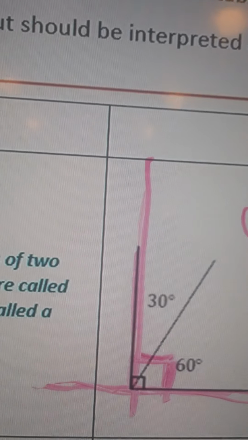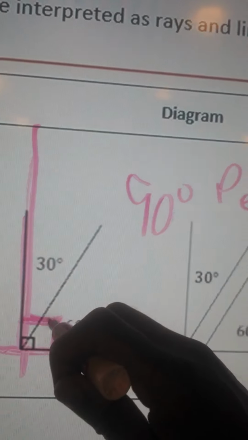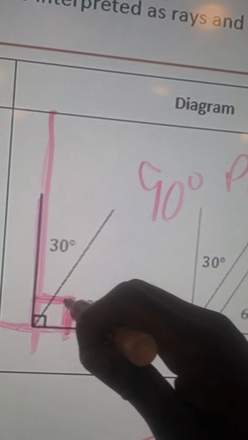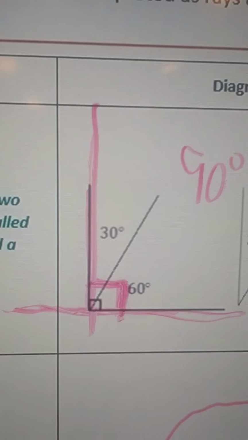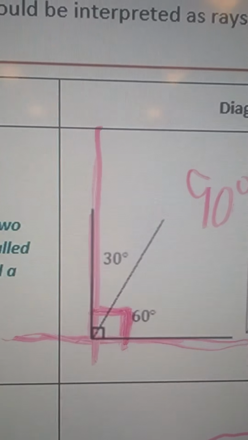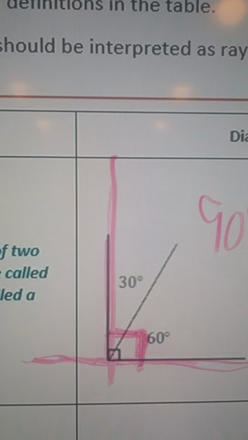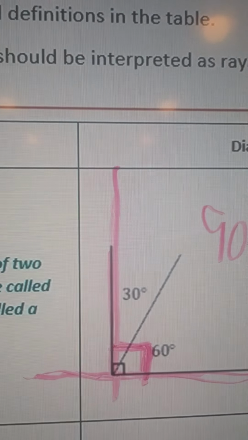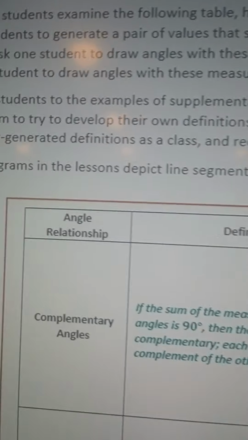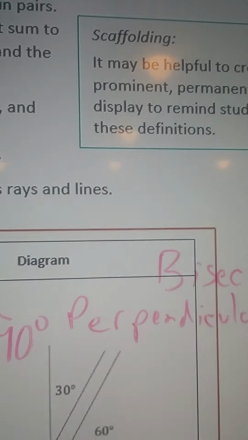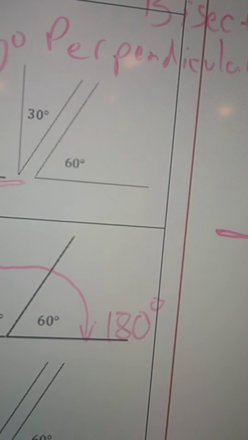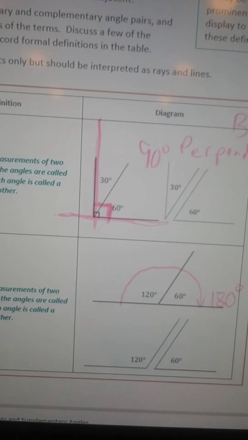But this symbol is the universal symbol for level in construction. So when you see that symbol, you know you're level. All right, so complementary, 90 degrees. Supplementary, 180 degrees. Let's do a problem.